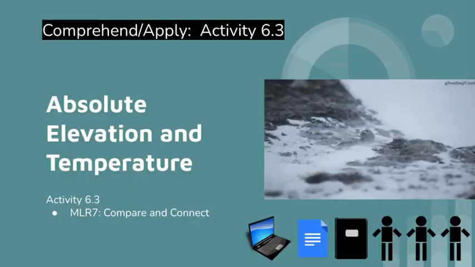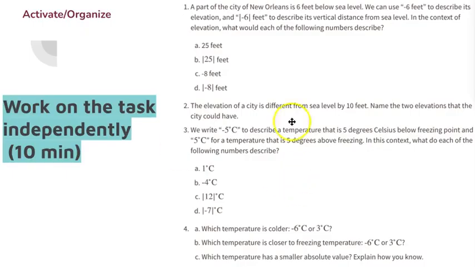All right, let's talk a little bit about elevation and temperature. So part of the city of New Orleans is 6 feet below sea level. We can use -6 feet to describe the elevation, and the absolute value of -6 feet, we can write it like that, to describe its vertical distance from sea level. In the context of elevation, what would each of the following numbers mean?